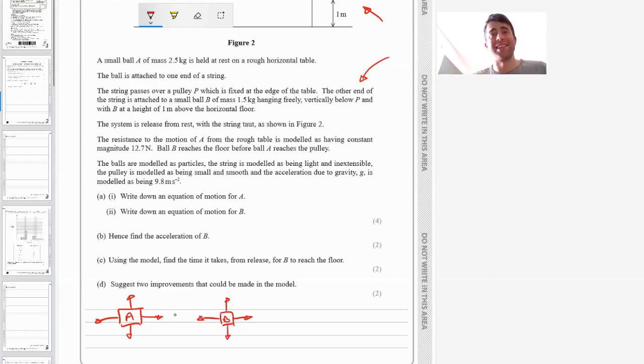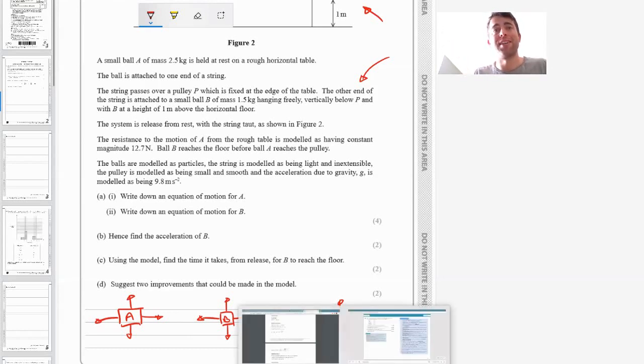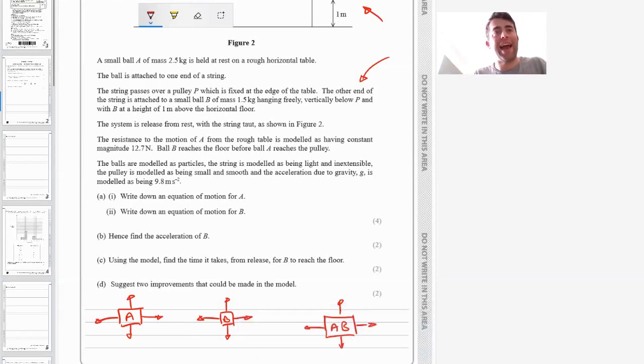And then the third diagram is imagining that A and B were stuck together and all the forces that are on both of them. For the first two, tension will play a part. I think A, tension will be going this way, and B, tension will be going upwards.